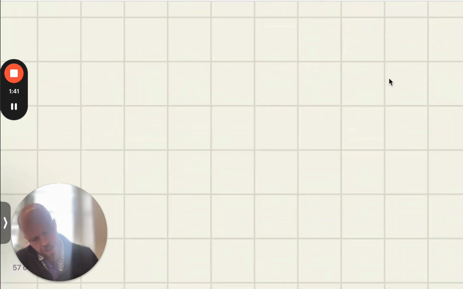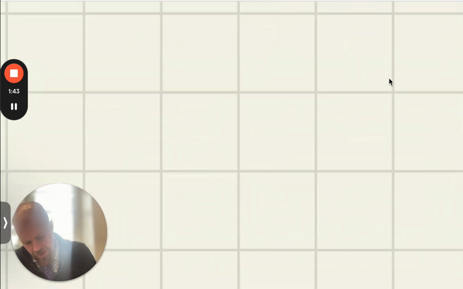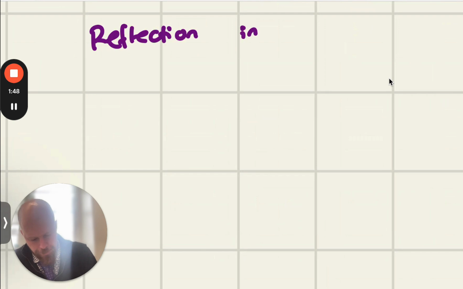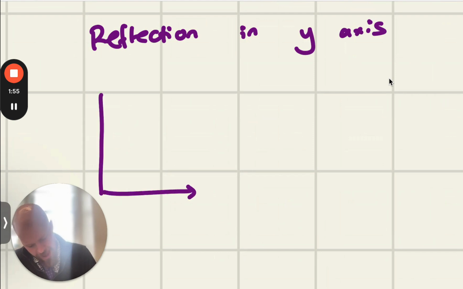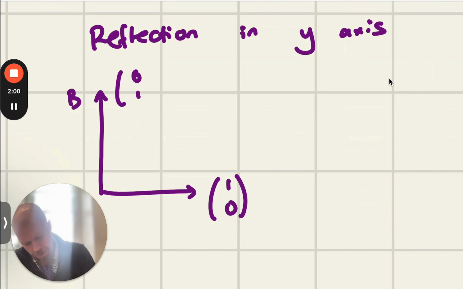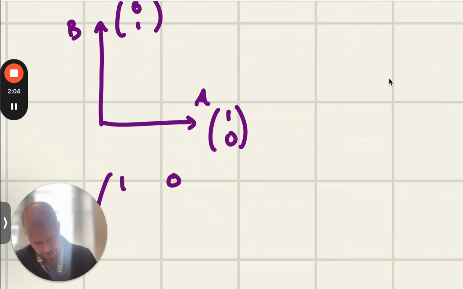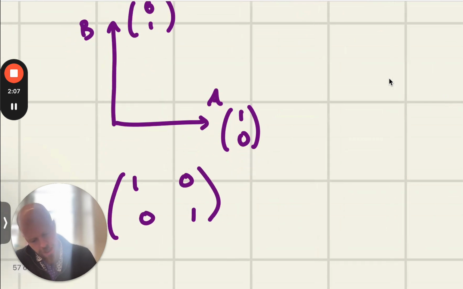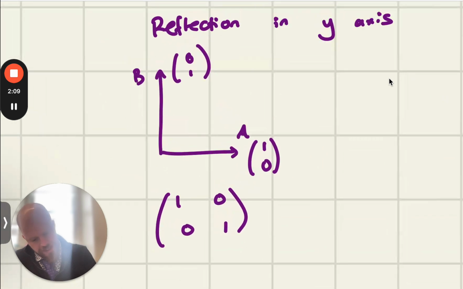Let's say the question is asking us to find a matrix that represents a reflection in the y-axis. Well, again, let's start with the base vectors. Let's start with A being at (1, 0), and B being at (0, 1). That gives us the standard matrix (1, 0, 0, 1). Now, if I reflect in the y-axis, I'm reflecting in this line here.